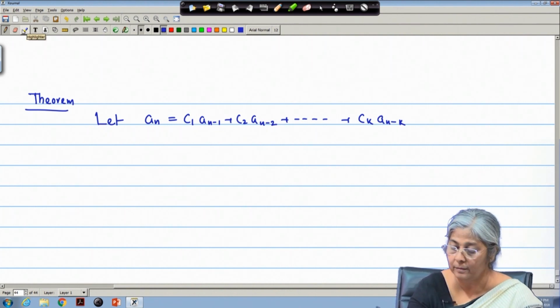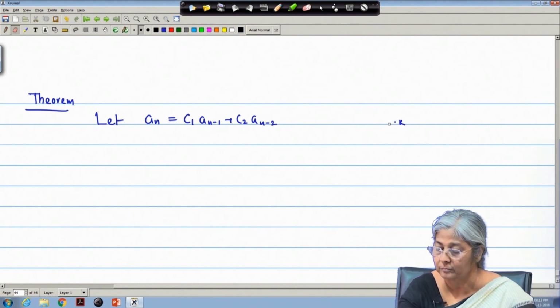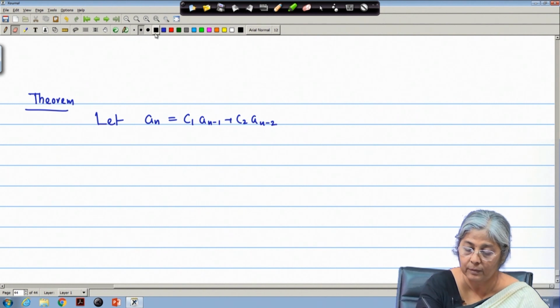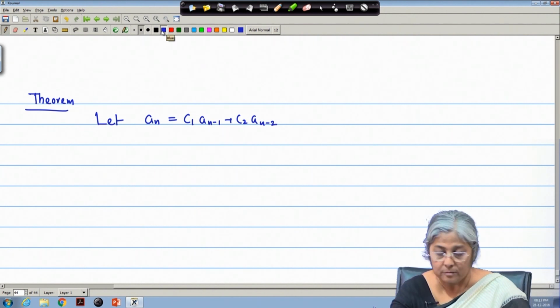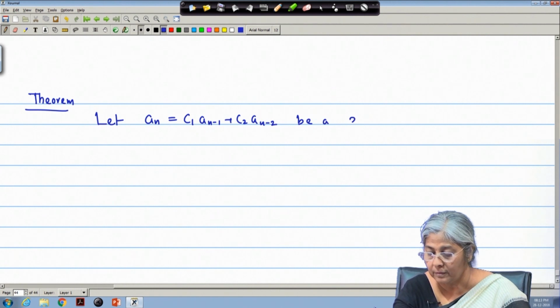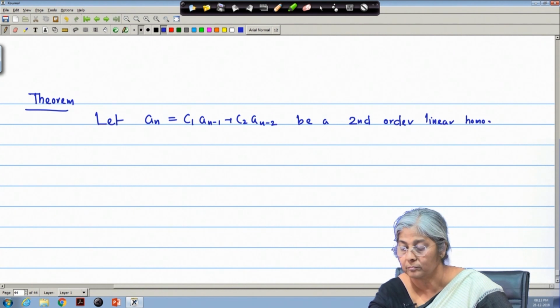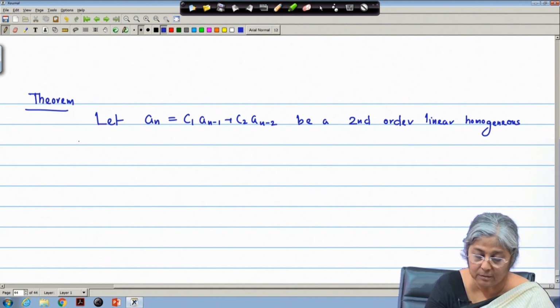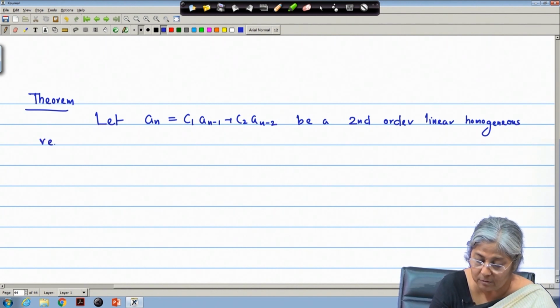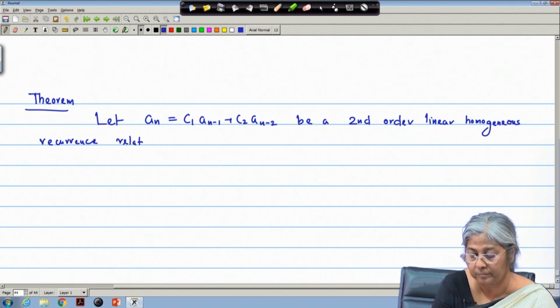So, let this be a second order linear homogeneous recurrence relation with constant coefficient.